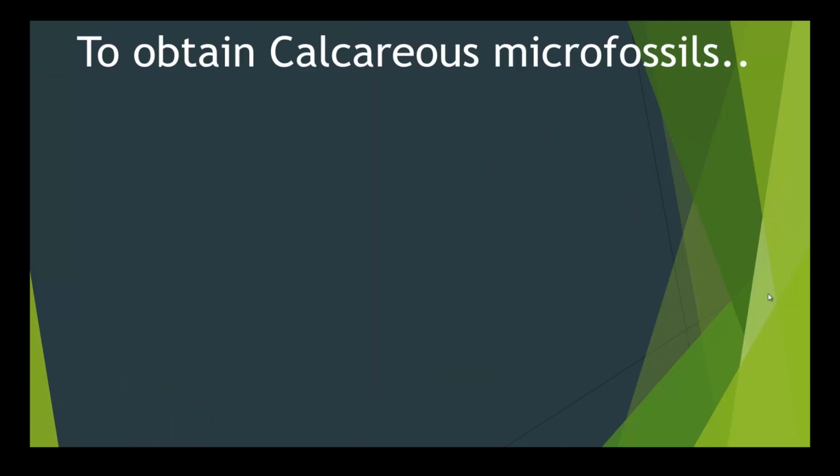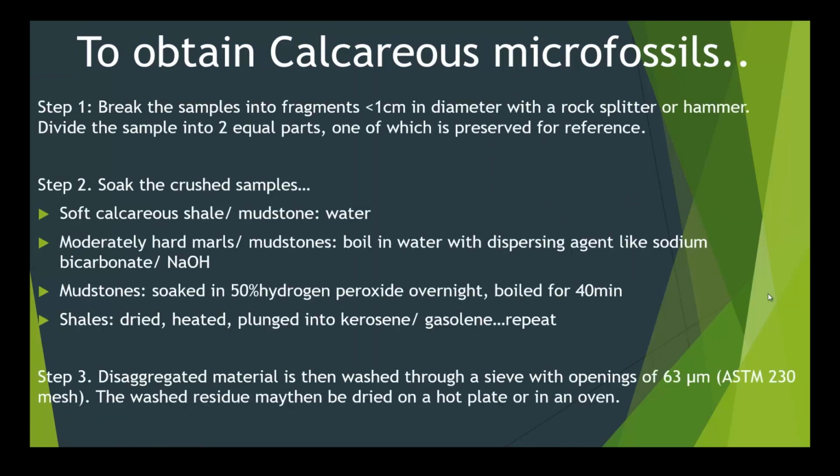To obtain calcareous microfossils from hard rocks like some argillaceous sandstone, shells and marls, we follow a bit different process. The smaller pieces of the samples are covered with a concentrated solution of sodium thiosulfate or mixed with an equal amount of crystals and then heated.